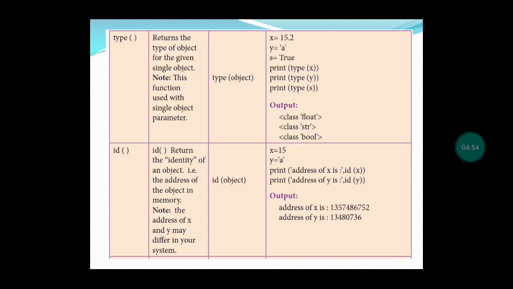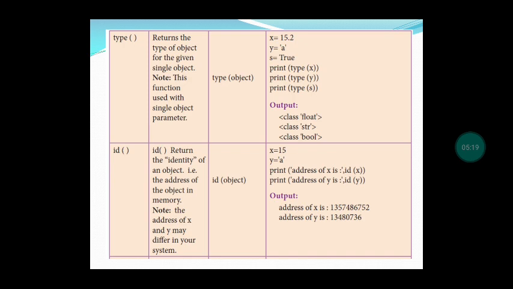Type of x, that is 15.2, is a float value, so it displays the output as float. And type of y, enclosed in single quotes, is a string, so we got the output as str. And since we have given True, it is a boolean value, so the output will be bool. So this is the example for the type function.